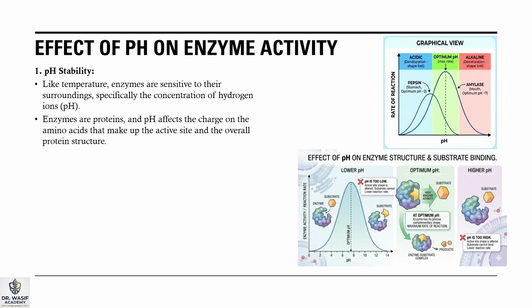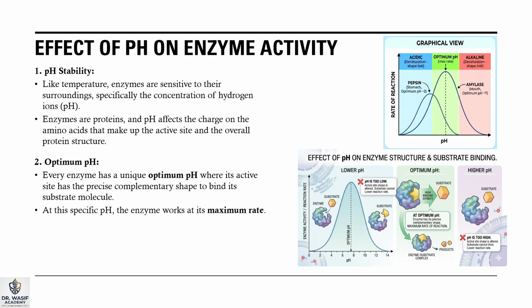First of all, we shall discuss pH stability. Enzymes are highly sensitive to hydrogen ions. Because enzymes are made of proteins, the pH levels can actually change the electrical charges on the amino acids which form the active site. So, if those charges change with the change in pH, the delicate structure of the enzyme can start to pull apart or twist out of shape.